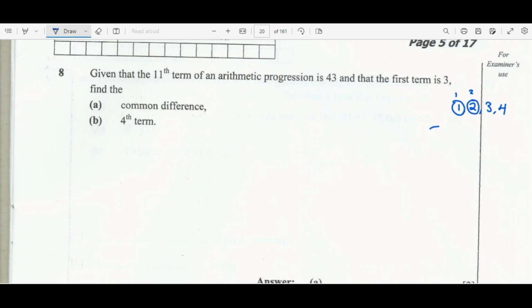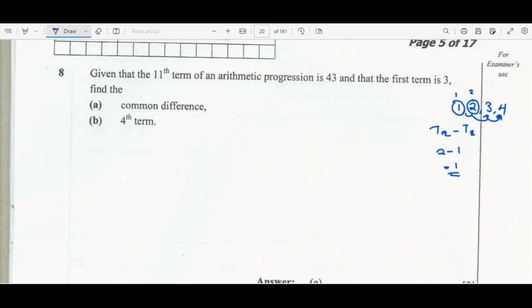So it will be the second term minus the first term. So it will be 2 minus 1. The answer is 1. So for you to have the next term, you have to add 1. So 1 plus 1 gives us 2, and then 2 plus 1 gives us 3, and then 3 plus 1 gives us 4. This is ascending.